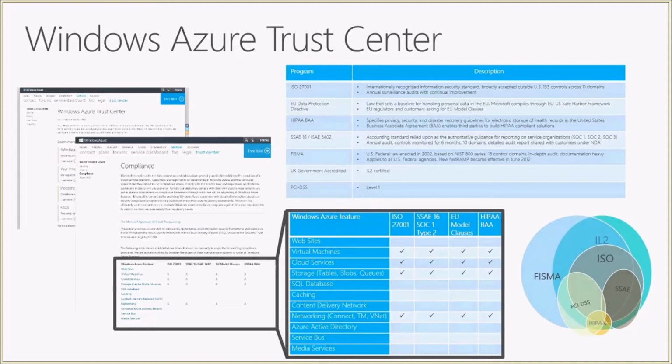So we have, as I mentioned, the UK government accredited IL2 certificate. We now have PCI DSS Level 1 accreditation, as well as the EU Safe Harbour and data protection. So keeping that data safe and within the relevant boundaries that we require within the UK and Europe.